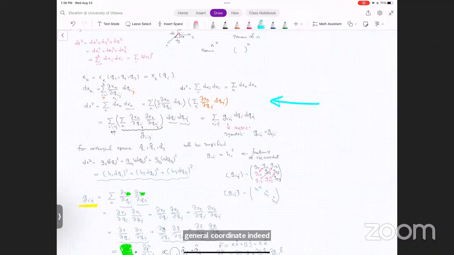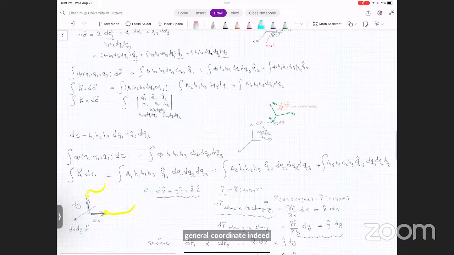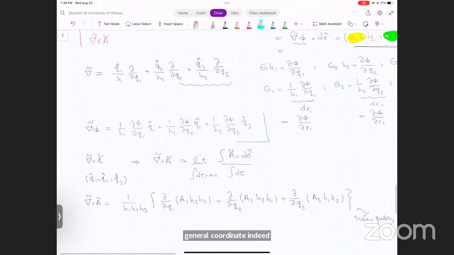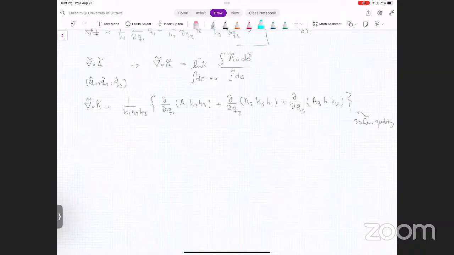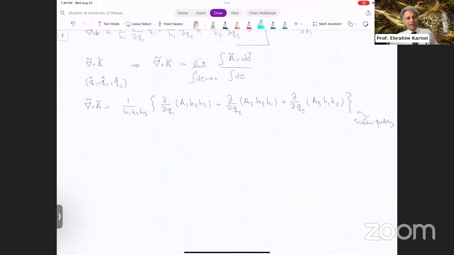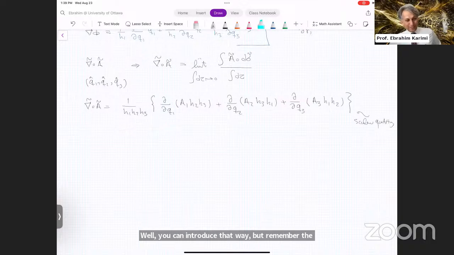Thank you, Professor. And there's another question from Shaho. He asks why it's not possible to compute the divergence from the dot product of nabla and A. Well, you can introduce it that way, but remember that the divergence is an operator, right?